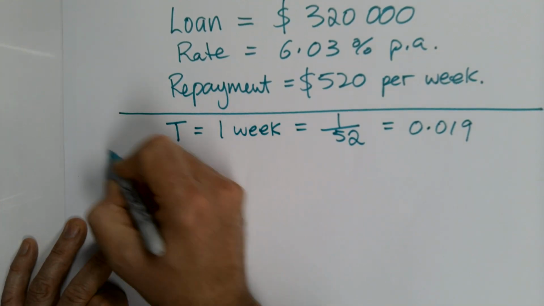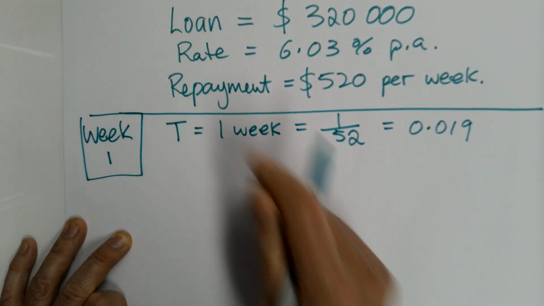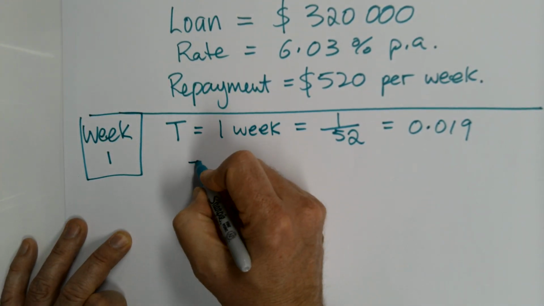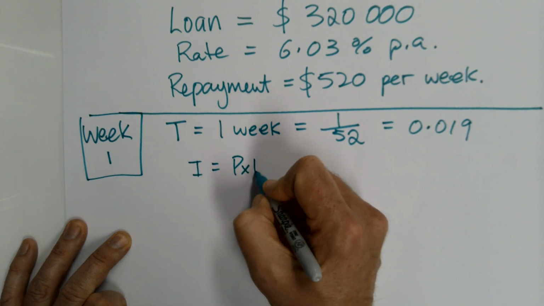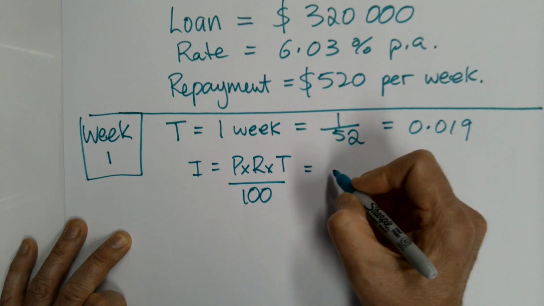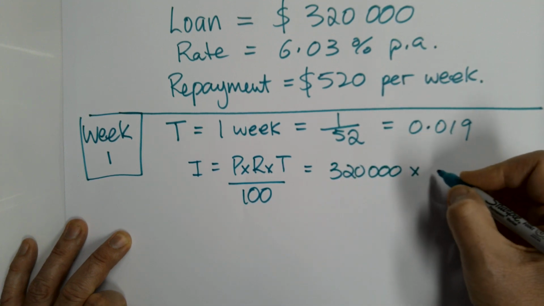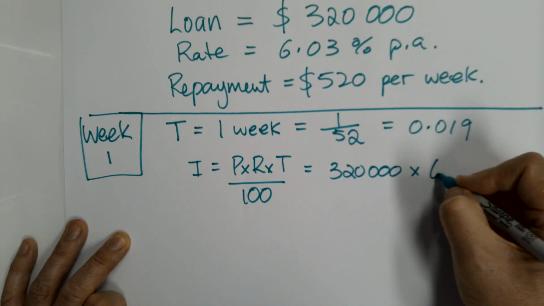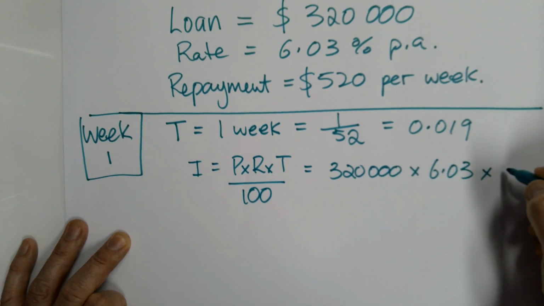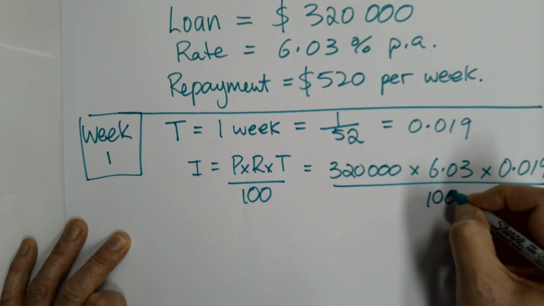So interest, I'm just going to make a title here. This is week 1. Interest equals P times R times T over 100. My P is 320,000 times my rate, 6.03, times T, which is 0.019, all over 100.